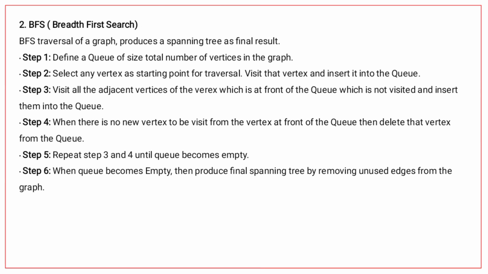When there is no new vertex to be visited from the vertex at the front of the queue, then delete that vertex from the queue. Step 5. Repeat steps 3 and 4 until the queue becomes empty. Step 6. When the queue becomes empty, produce the final spanning tree by removing unused edges from the graph. Now these steps are used in BFS.